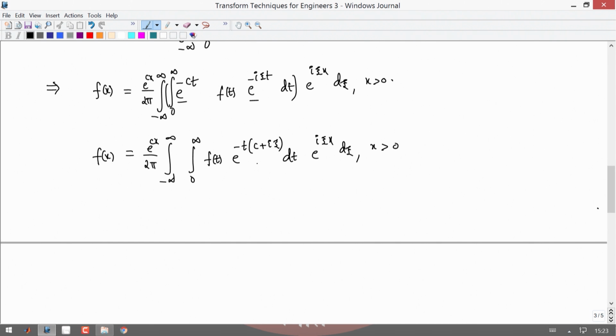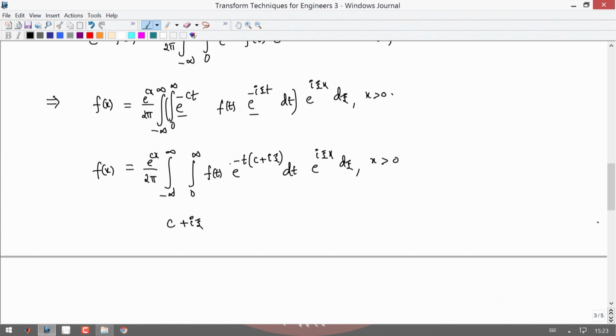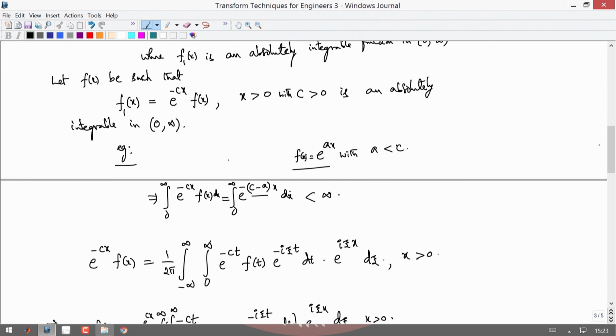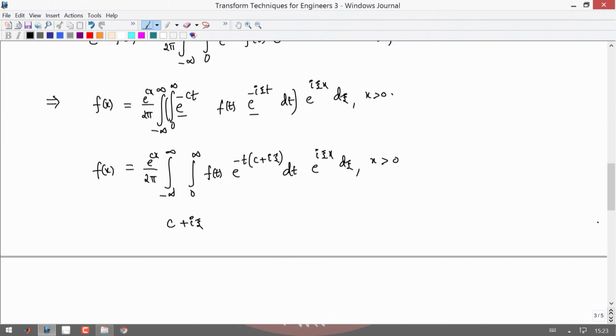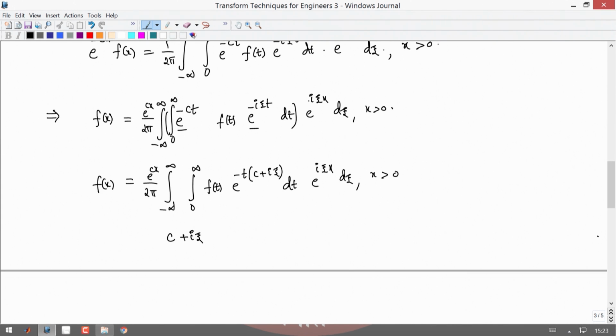So, what I do now here is I use a new variable, c plus i xi. c is a constant, as you have seen, c is some positive constant. Okay, that is how I started. If I do this, c plus i xi, you take it as some variable s, let me use s.